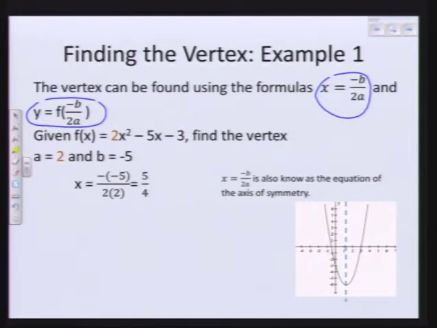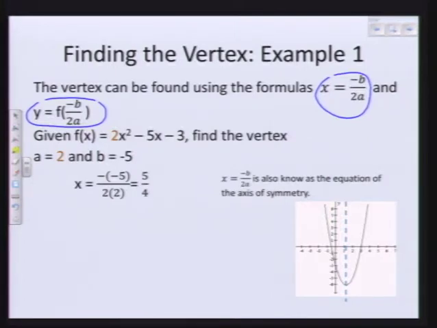If we looked at this graph as a piece of paper and folded it in half along that dashed blue line, the left side of the graph will fold exactly over on the right side of the graph about the axis of symmetry.